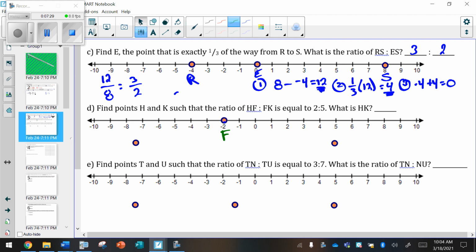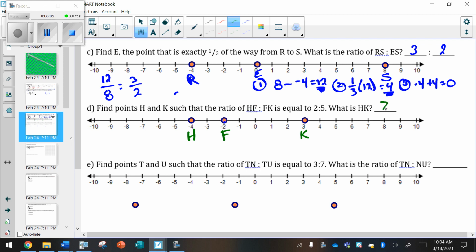So the easiest way to do this is just take our point and move it 2 spaces away from F, and that'll be the correct location for H. And then I could take the other point and move it 5 spaces from F to make that K. And it says, what is the length of HK? One, two, three, 4, 5, 6, 7.